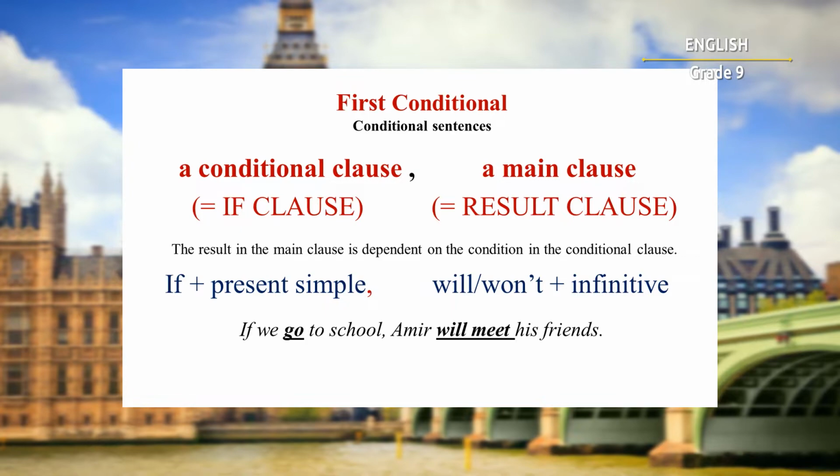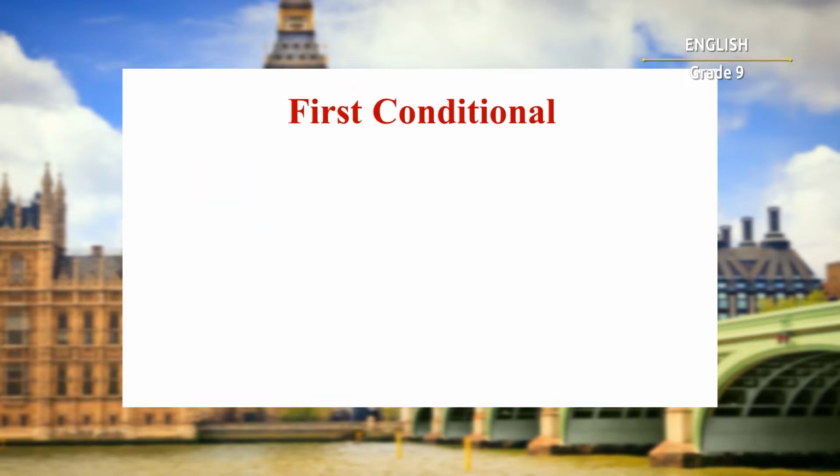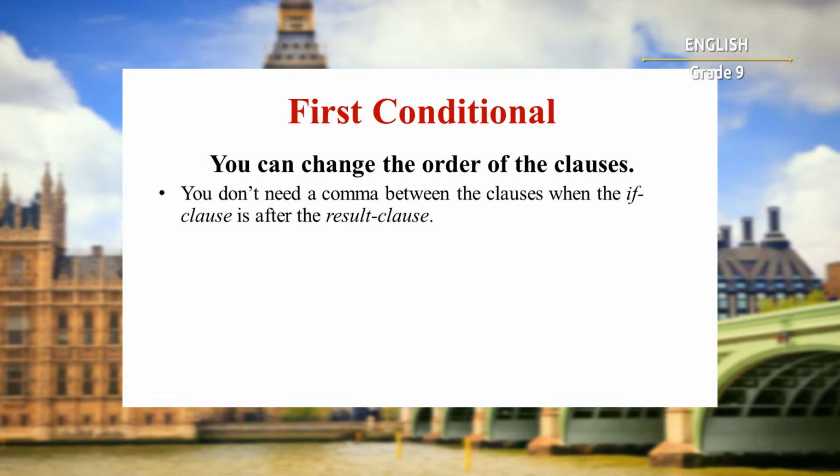For example, if we go to school, Amir will meet his friends. You can change the order of the clauses in a first conditional sentence without changing the meaning. You don't need a comma between the clauses when the if clause is after the result clause.